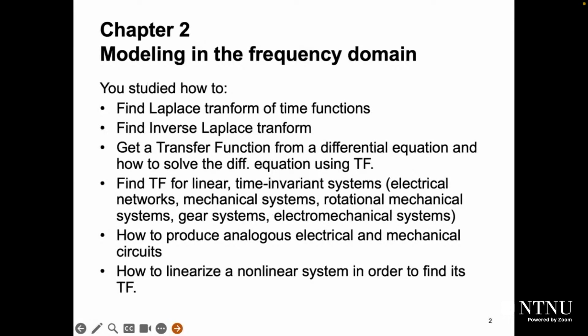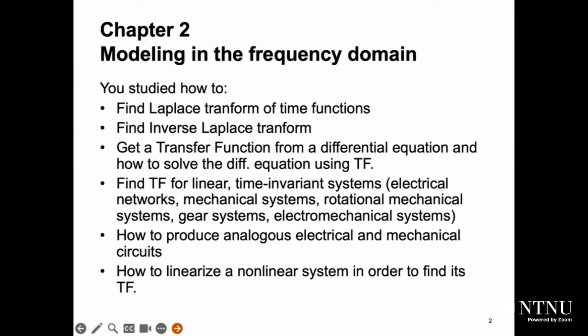So in chapter 2, it was modeling in the frequency domain, just to revise quickly what has been done in chapter 2. We studied the Laplace transform of a time function. Also, we studied how to find the inverse Laplace transform, how to get a transfer function from a differential equation, and how to solve a differential equation using the Laplace transform.